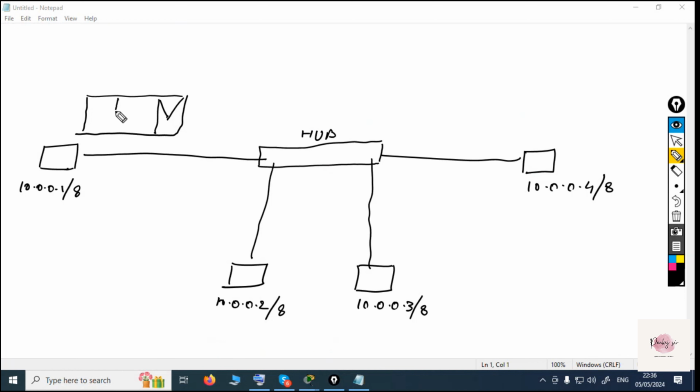So from here I sent a message, with source 10.0.0.1 and destination 10.255.255.255. Let's suppose this is the data.